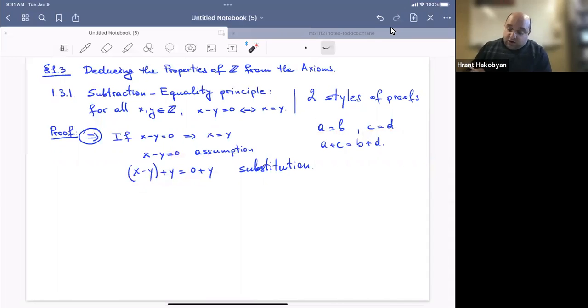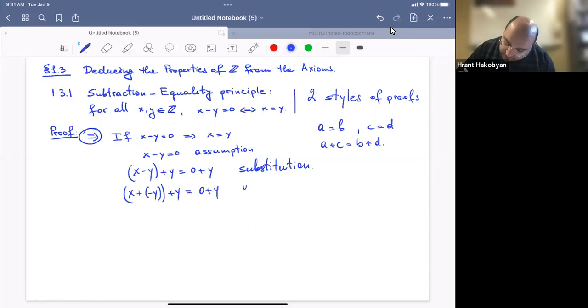Okay, now how can I get from this to x equals y? Well, first of all, I would have to use the definition of subtraction, that x minus y is nothing else but x plus minus y, right? And then I have plus y, that's equal to 0 plus y.